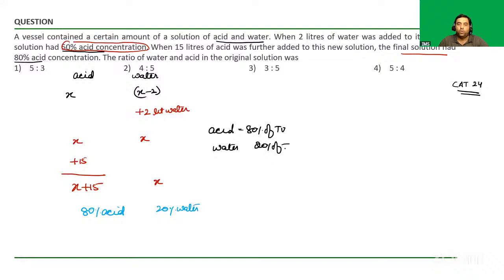So if I take the ratio of acid and water, which is X plus 15 upon X, can I say it is equal to 80 upon 20, which is 4/1? From here, by cross multiplying, X plus 15 is equal to 4X, which implies that X is coming out to be 5.